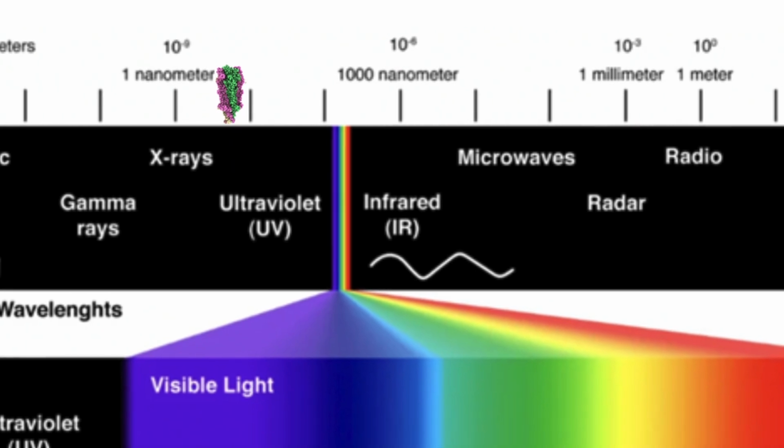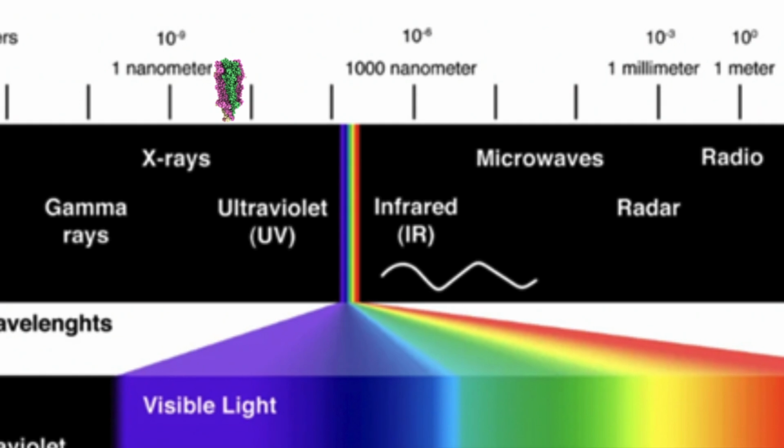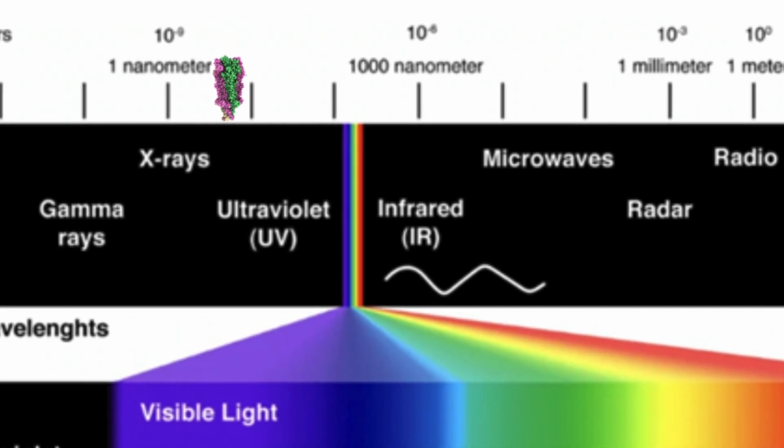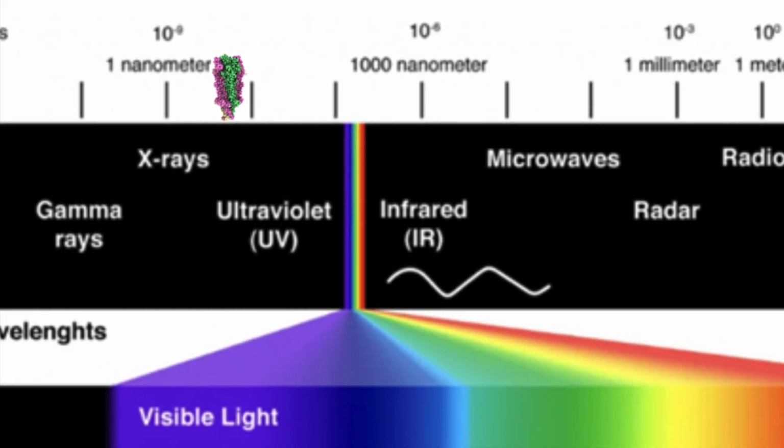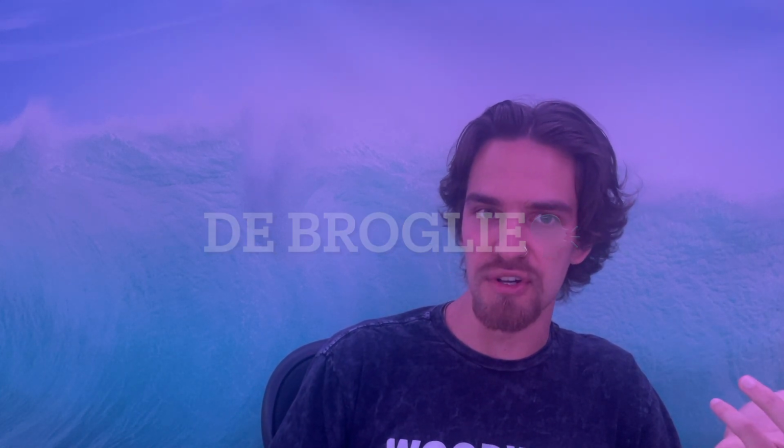And then when we look at electrons, their wavelengths are completely dependent upon their momentum, and you can know that based on de Broglie, I don't know how to pronounce his name correctly, but basically the wavelength of an electron is equal to Planck's constant over its momentum. The mass of an electron stays the same, so if you change its velocity, you can change its wavelength.